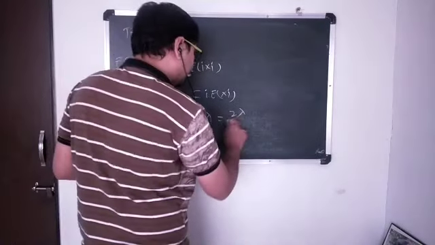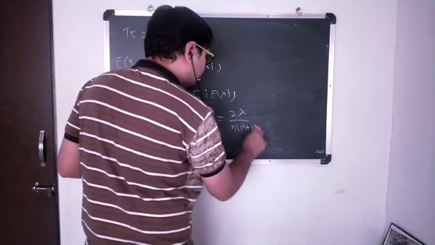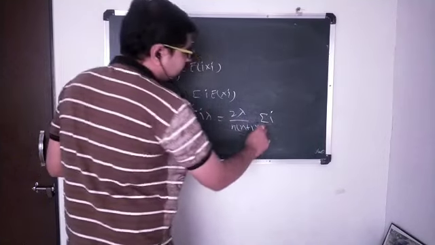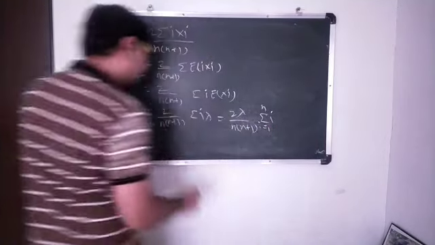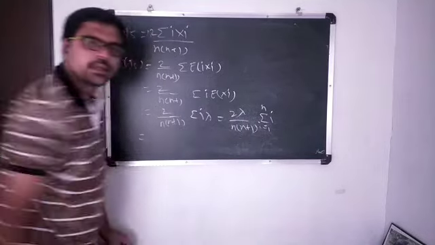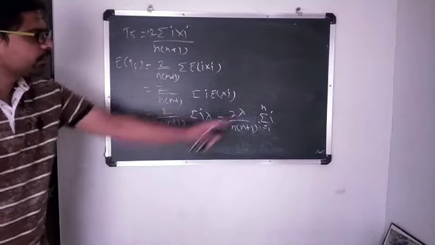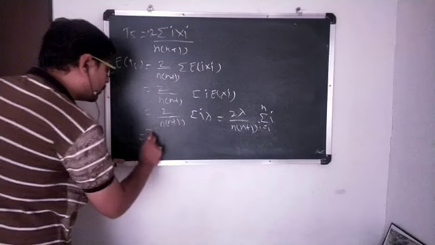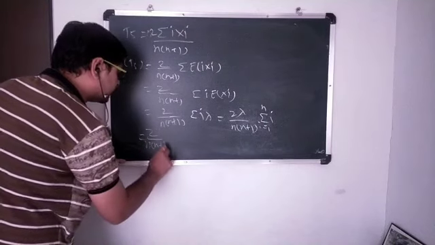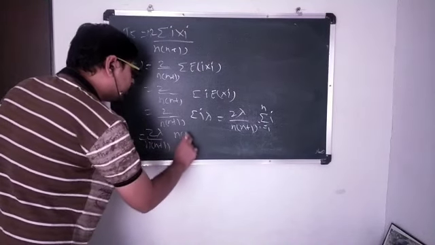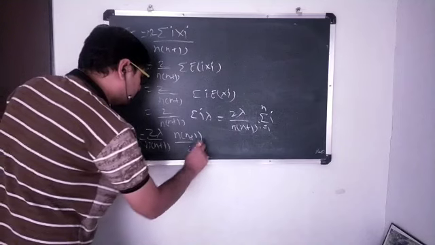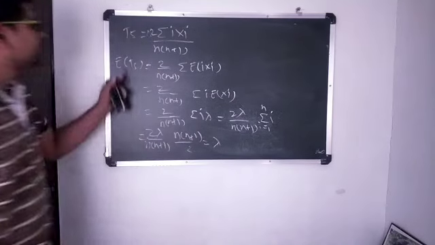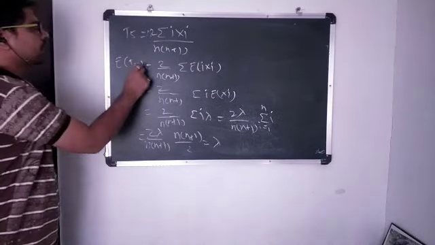So we can take 2 lambda upon n plus 1, summation i, where i runs from 1 to n. This is nothing but the sum of the first n natural numbers, n into n plus 1 by 2. So this is equal to lambda. So this is an unbiased estimator.